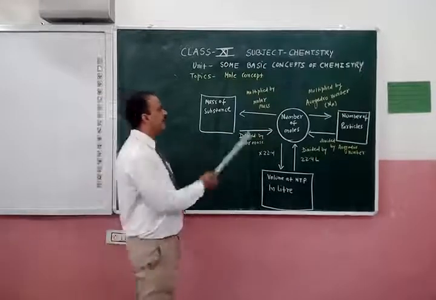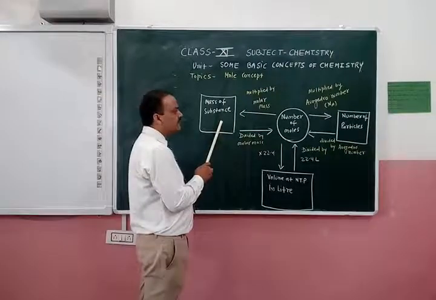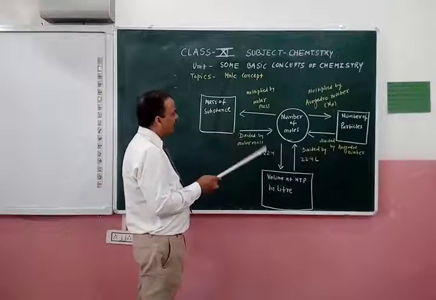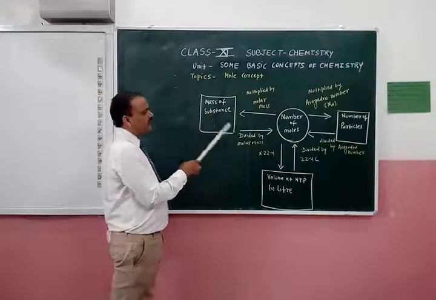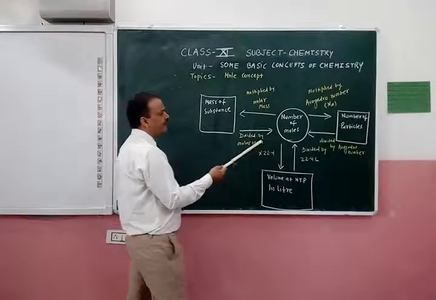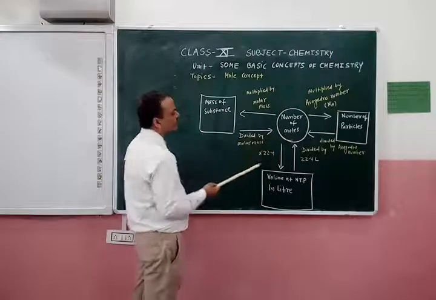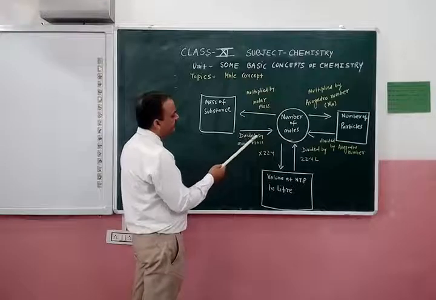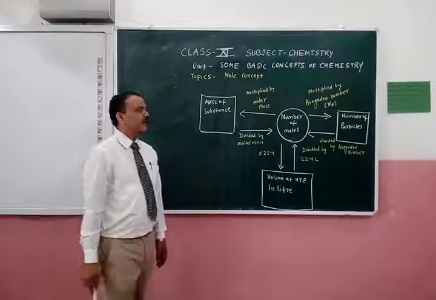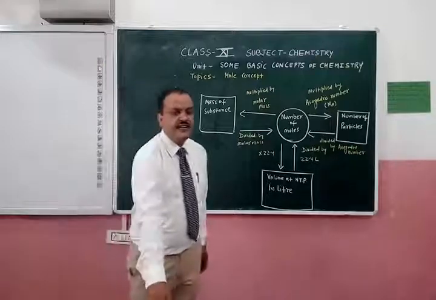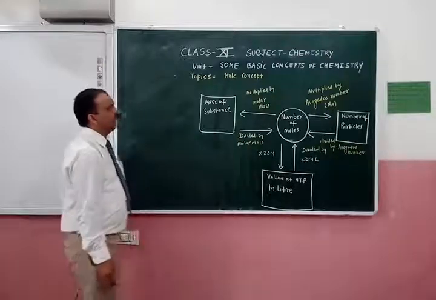In another conversion, when mass of substance is converted into the number of moles, we divide the mass of substance by the molar mass. So this is the interconversion of these species.